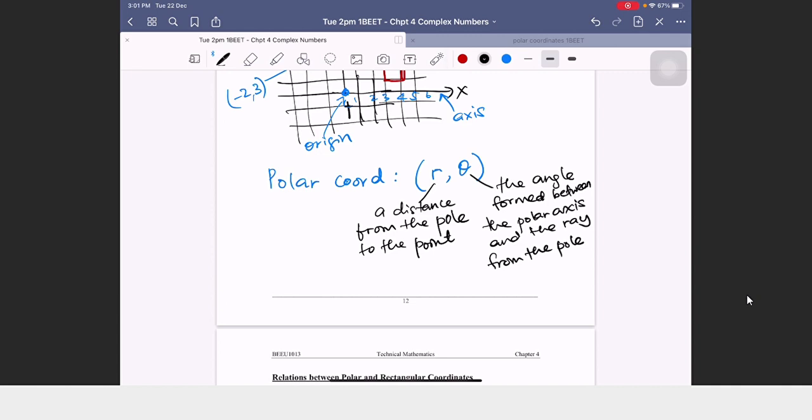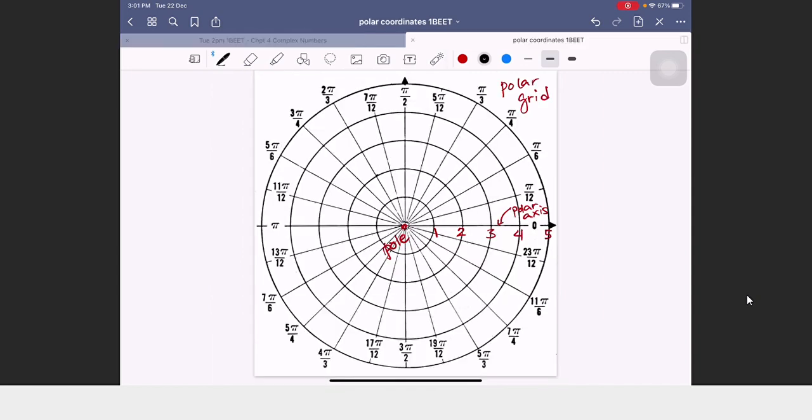So back to here. Let's say I have one point here, which I represent by point P, for example. The location of that point P in terms of coordinates is in the form of (r, theta). R represents distance, theta represents angle.